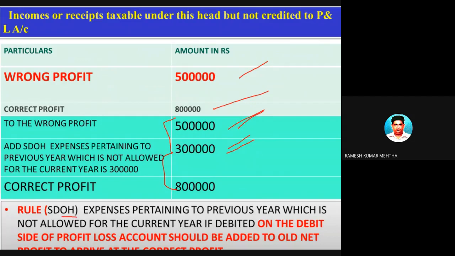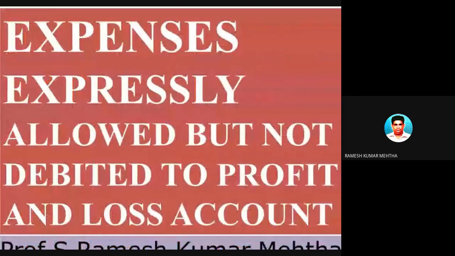So the rule is that any expenditure pertaining to previous years should not be shown in the current year. And if it is shown, then add it back to the wrong profit to arrive at the right profit. So I hope you have understood till this point. Very, very important discussion.